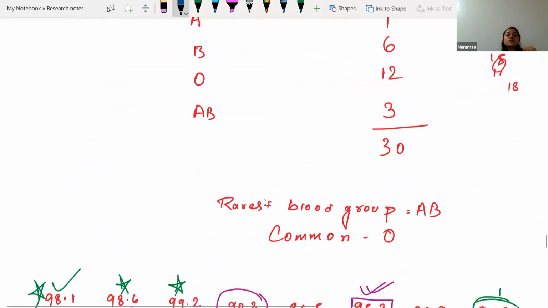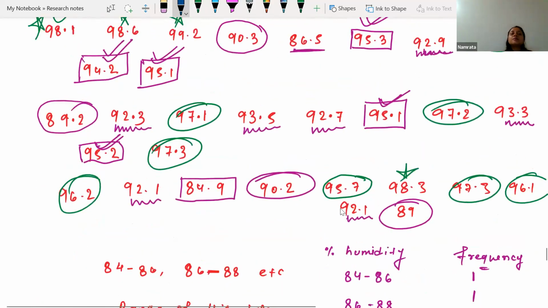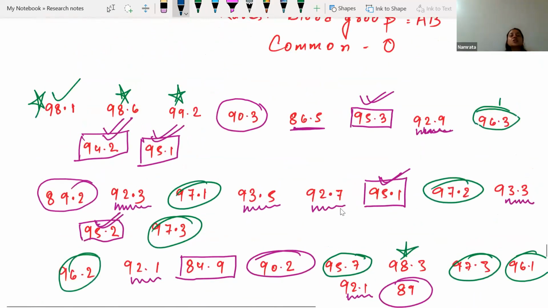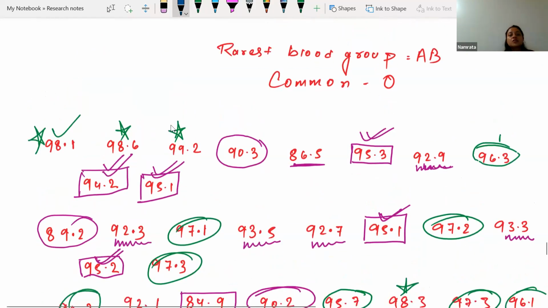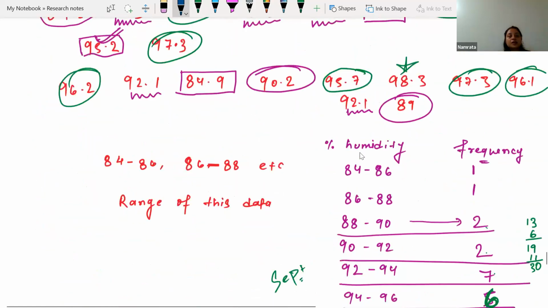No. So if we are having this type of data, then we will always be arranging it in a group manner, as grouped data. Because here if you start listing down, 98.1 is also there, 98.6 is also there, 99.2 is also there, your table will be huge. So for this type of data we will always be making grouped data.